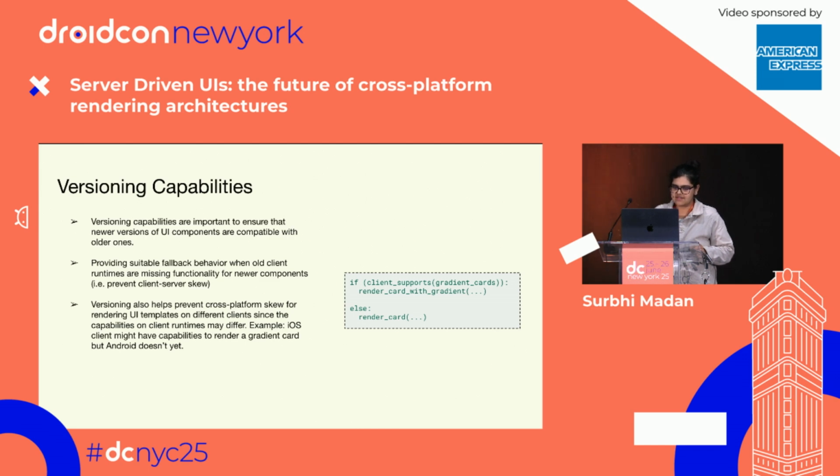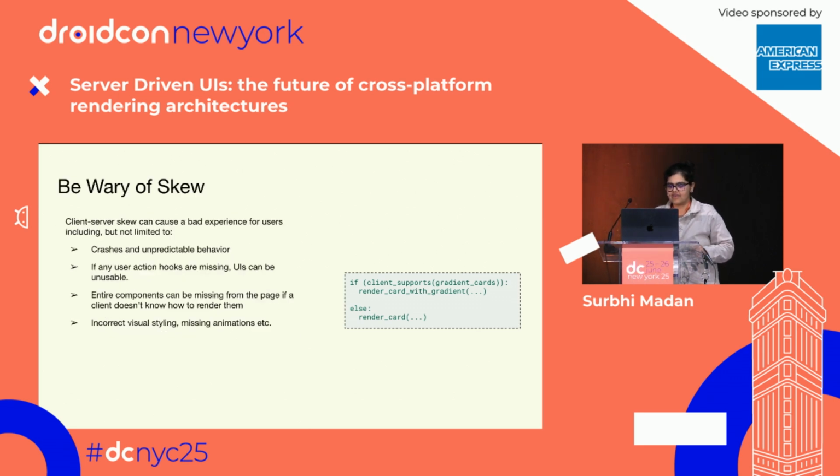So that's what skew is basically. This can cause all sorts of weird things, including crashes. If you try to send back click actions for what happens when some particular button is clicked, and your client doesn't know how to handle it, it could behave poorly or be unusable.